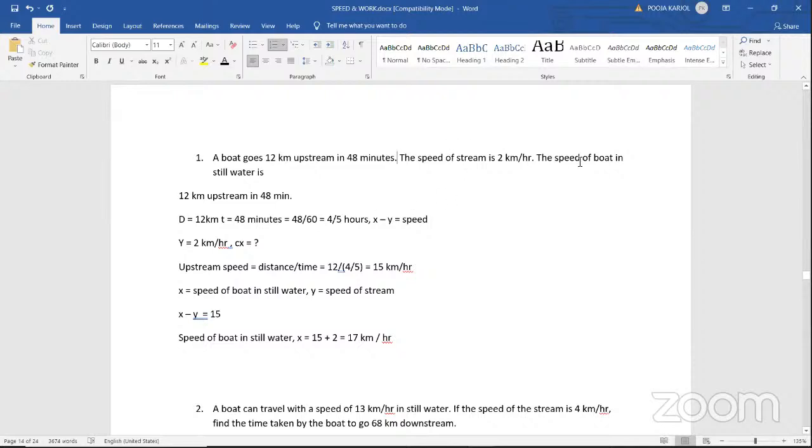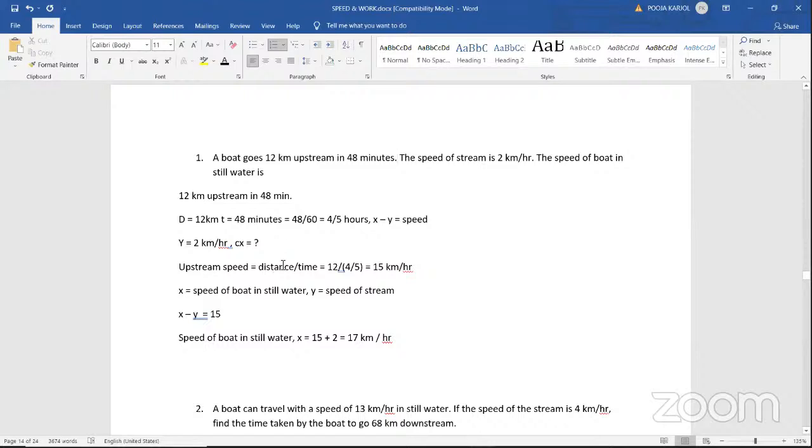But they have asked for the speed of the boat, so beyond that you have to go further. First, you have to convert the time into hours, because the distance is in kilometers: 48 by 60, which is 4 by 5 hours. I hope you understood why I divided by 60. Yes, ma'am.